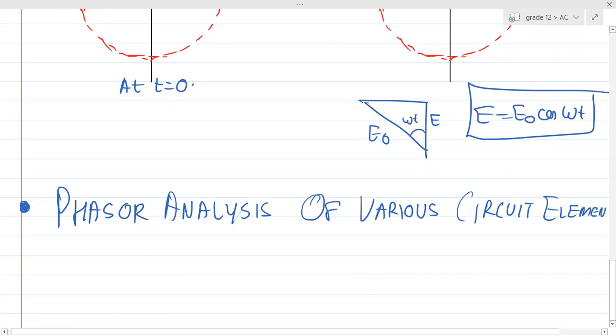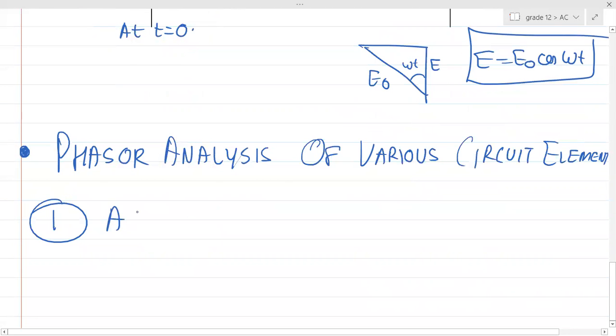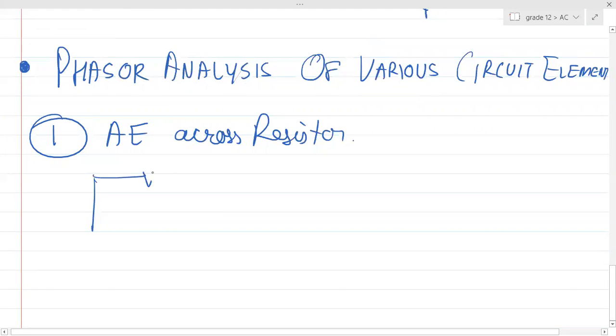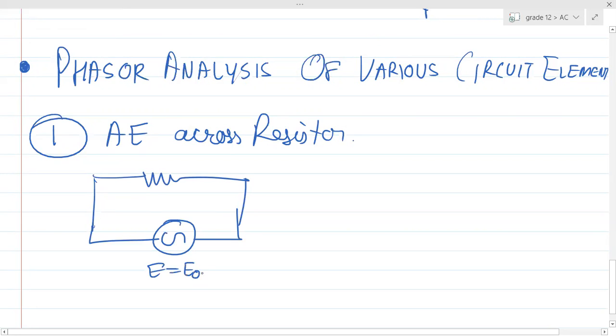So now I'll draw the phasors in this case. First case is basically when you connect an alternating EMF across a resistor. You remember those cases? First I connected across a resistor, then across others. Suppose only a single resistor is there, E is equal to E naught sine omega t, and let's say the current in this case is how much?